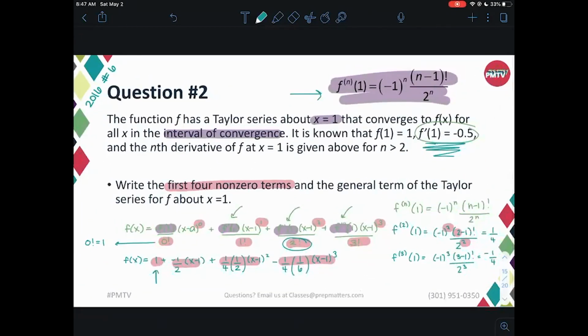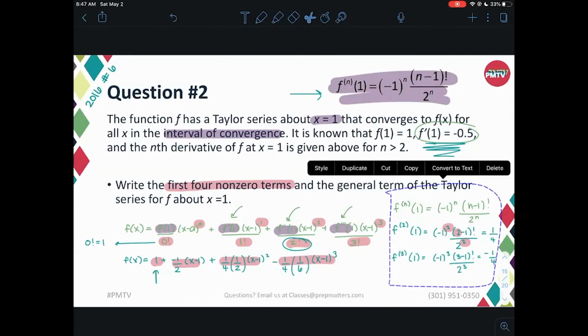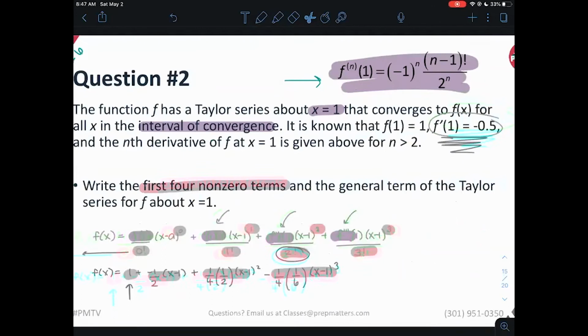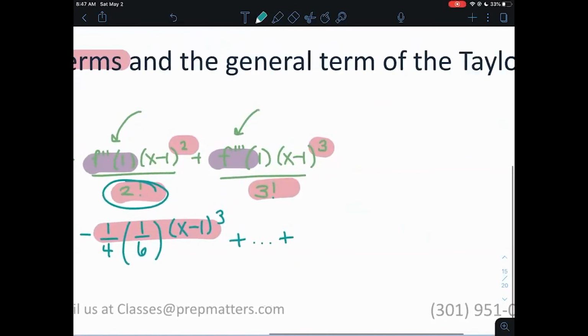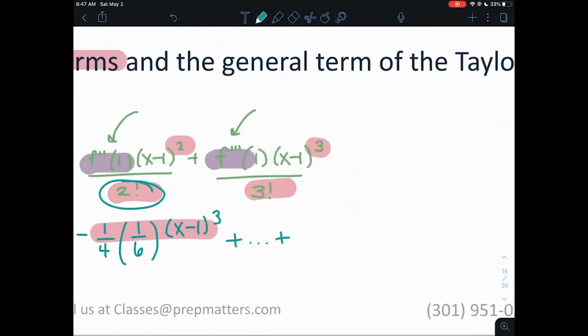Okay, now we also need the general term. So I'm going to take this away so that we can write over here. Our general term is all of this without all of our numbers. So our general term is going to look like this.